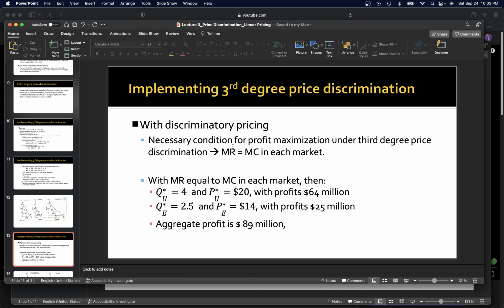A necessary condition for profit maximization is MR equals MC in each market. We shall try to do this in class, which will give you the following: United States is 4, Europe is 2.5, United States has a higher price, and Europe has a lower price of 14. The aggregate profit is 89 million.